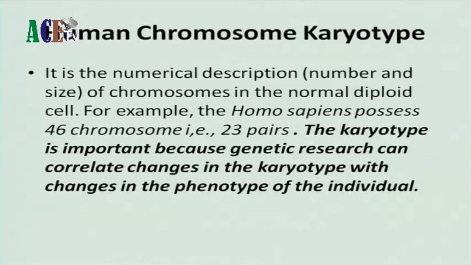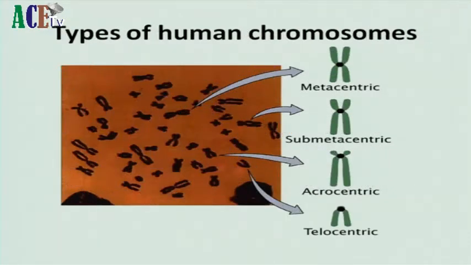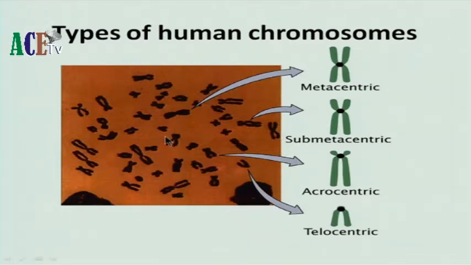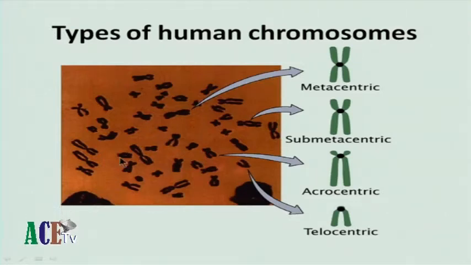Now, what do we call karyotype? It is the numerical description, their number and size, in the normal diploid cell. You see how this diagram looks like now. Before they can be arranged, when they want to arrange this one, they will be picking those ones that are very close to each other.